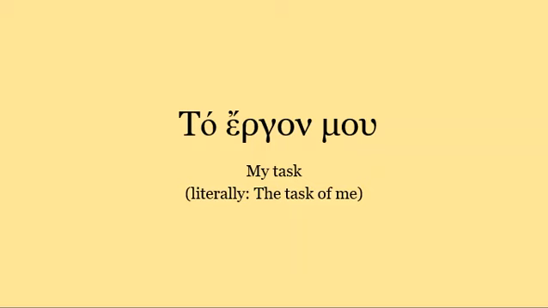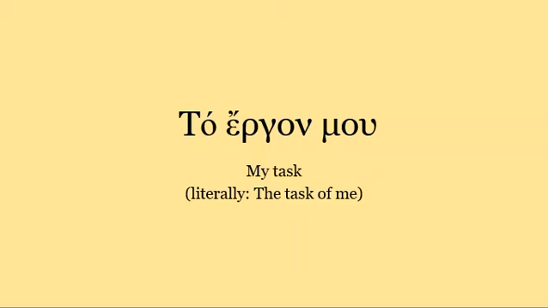And this is part of why I noted earlier that the genitive can often have the word of. It often conveys the word of. So this little phrase, to ergon mou, is literally the task of me. But casually or colloquially, we would just say my task.